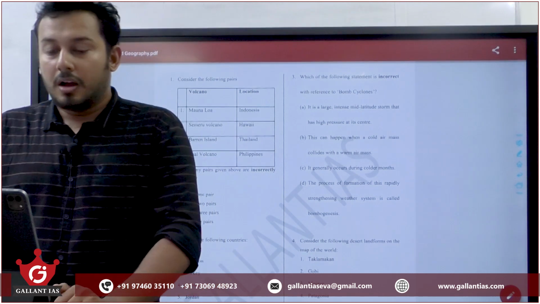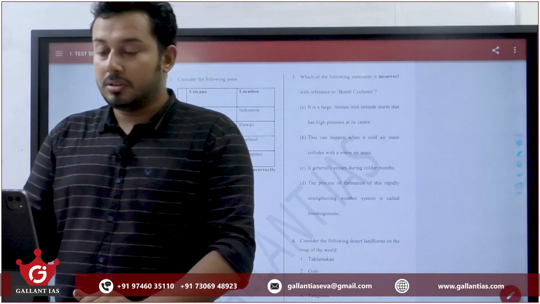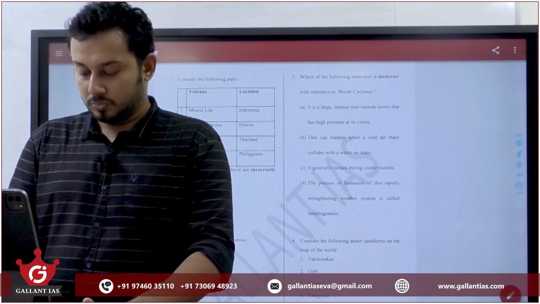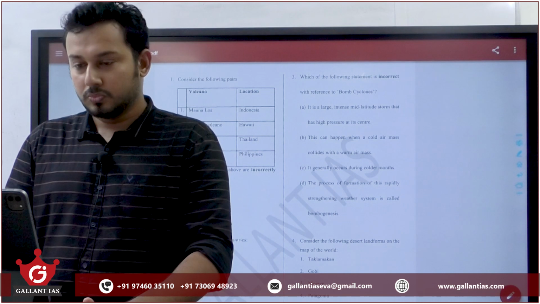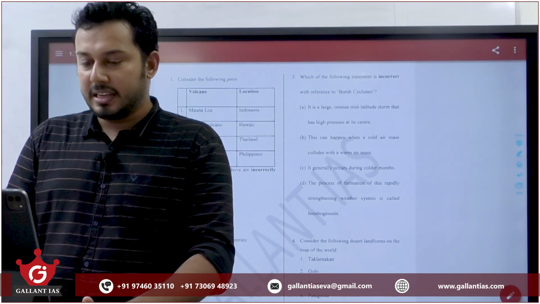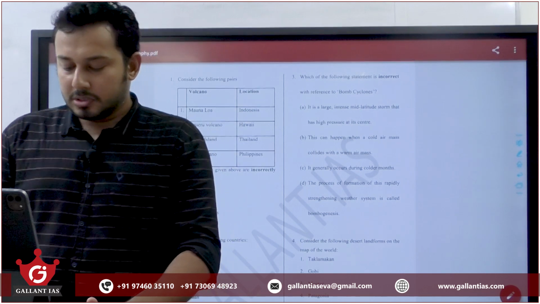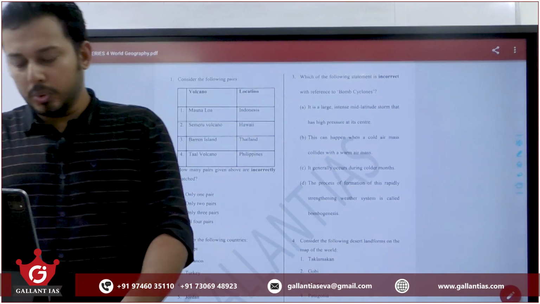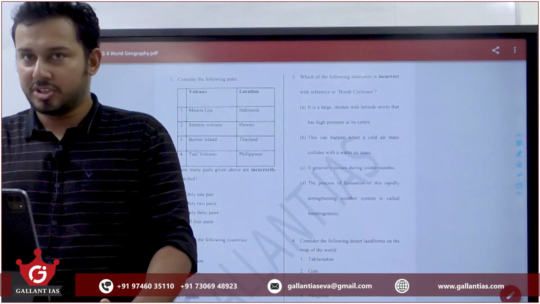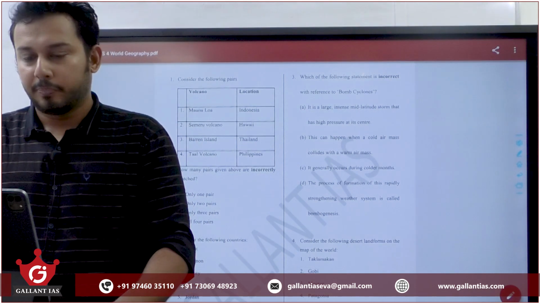Okay. How many of the above countries does the equator pass through? Mexico, Colombia, Uganda, Somalia, Indonesia, Albania. So tell me, does equator pass through any of the Asian nations? Indonesia. So Indonesia is there.